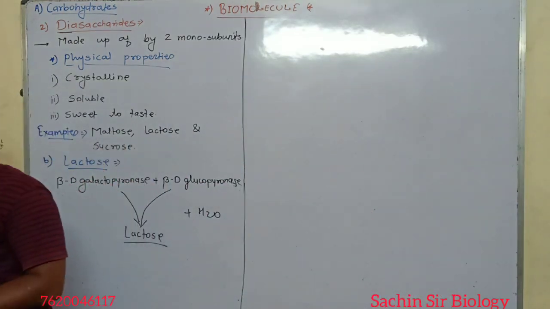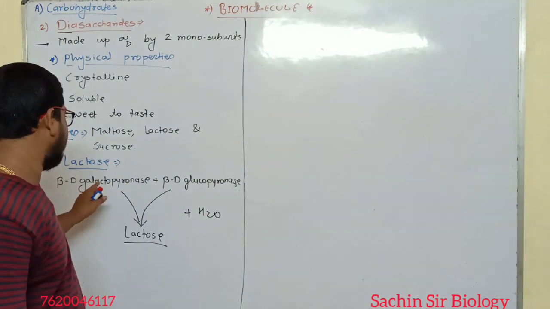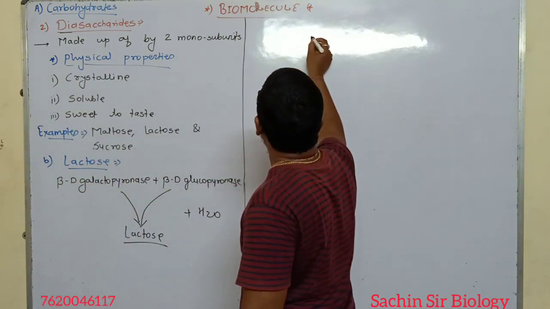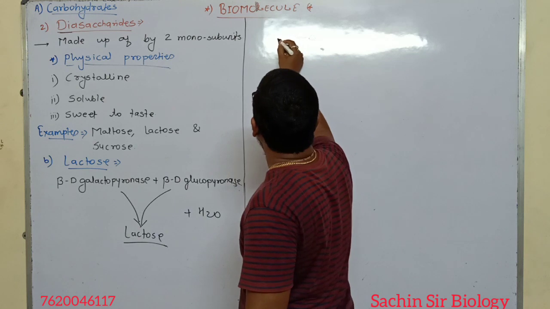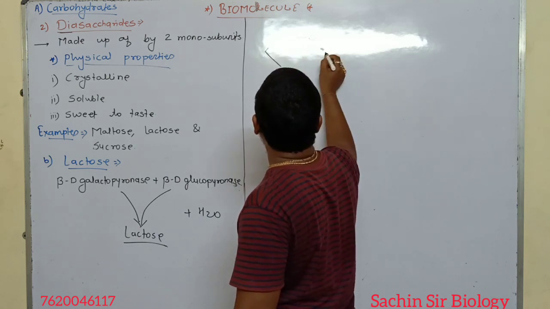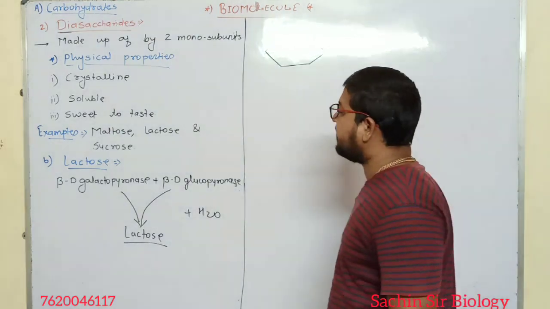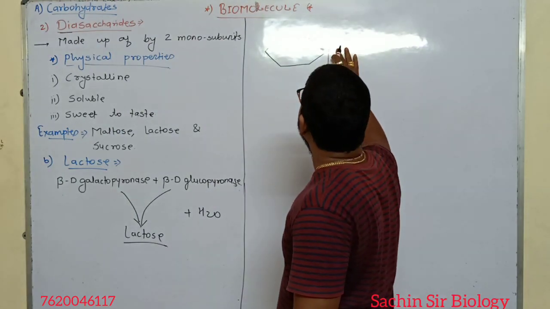What is that? First one, beta D galactopyranose, that is beta D galactose. This one. Okay. So what is the ring form of galactopyranose?